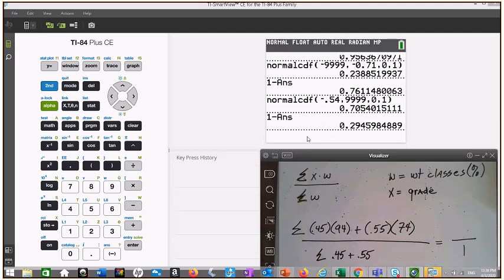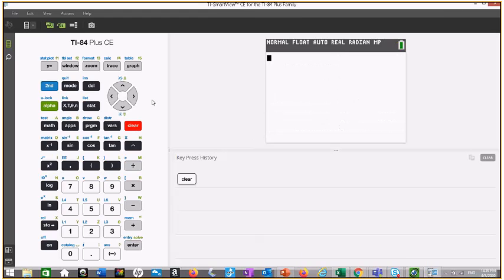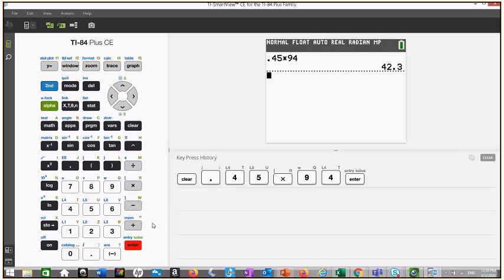I don't know where this question came from, because I haven't seen it in the book, but that doesn't mean anything. So I'm going to take 0.45 times 94 equals. And then I'm going to add that, parentheses, to 0.55 times 74.